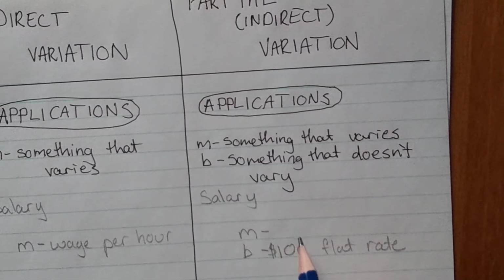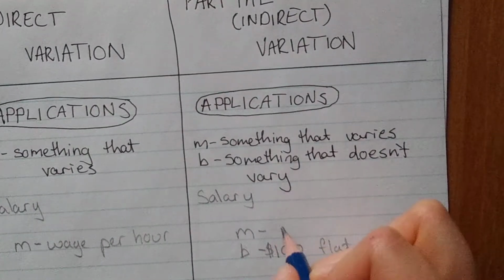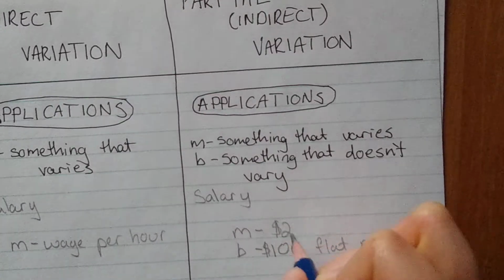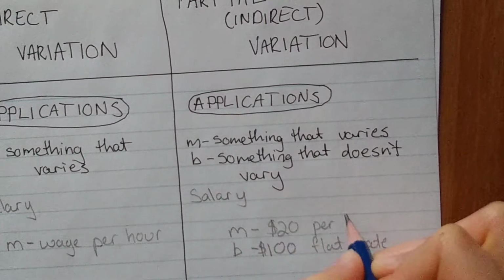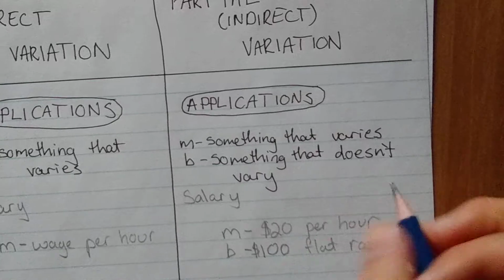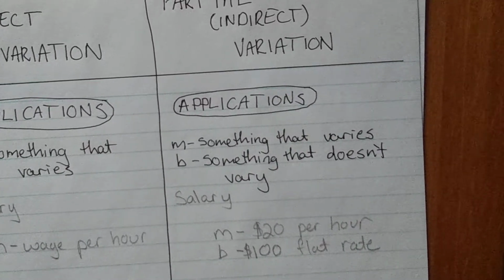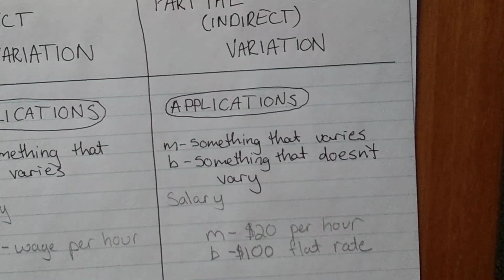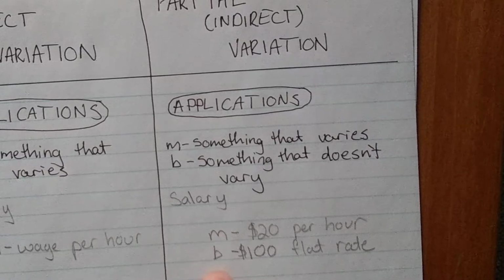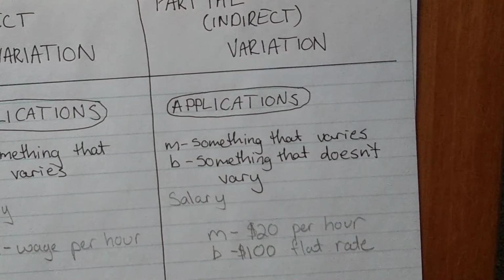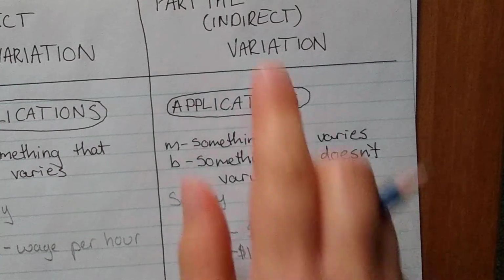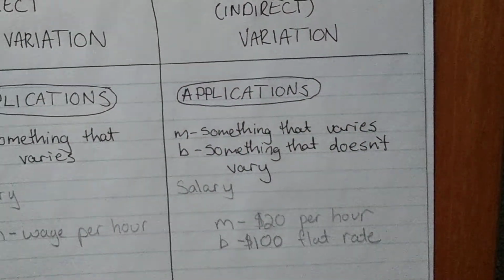But for every hour you're there, you charge $20. Because there's two parts to it, one that changes depending on how many hours you go, or varies, that's why it's a constant of variation. But then something that's a flat rate no matter what, then it's considered to be indirect variation.